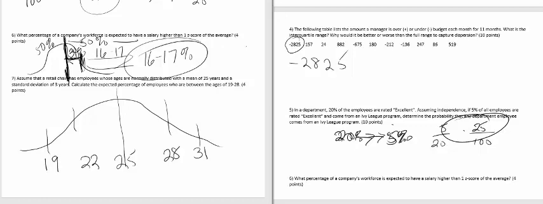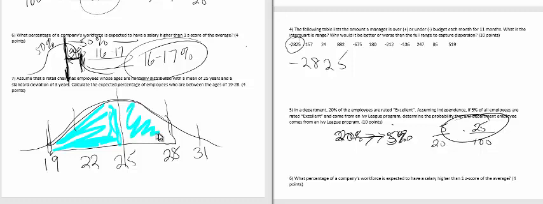Okay, now folks, the question is this. Calculate the expected percentage of employees who are between 19 and 28. Okay, so we have all of this and this.